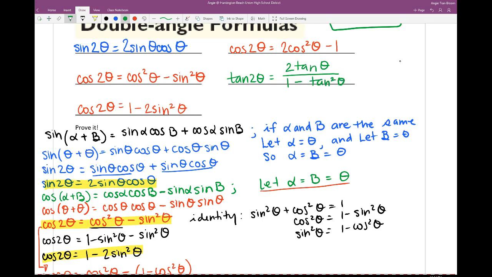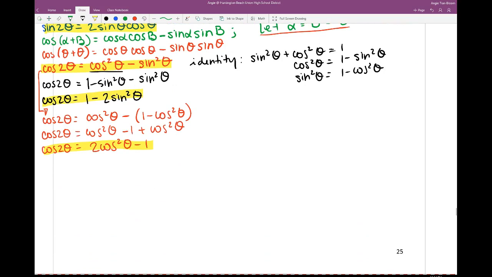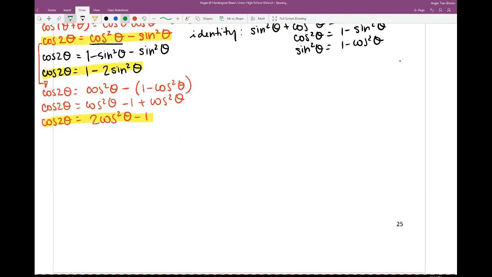All right, so just like the other ones, I'm going to start with you from scratch. Are you ready? So tangent of alpha plus beta equals tangent of alpha plus tangent of beta all over 1 minus tangent of alpha times tangent of beta.